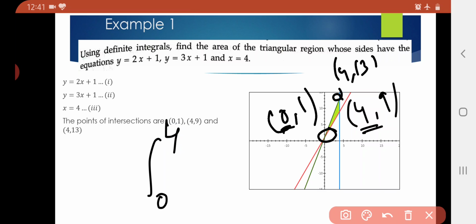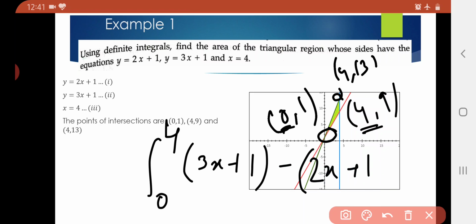Obviously, the curve or the line which is above minus the curve or the line which is below. The line which is above is 3x plus 1, and the line which is below is 2x plus 1. So it will be integration of (3x plus 1) minus (2x plus 1) dx.